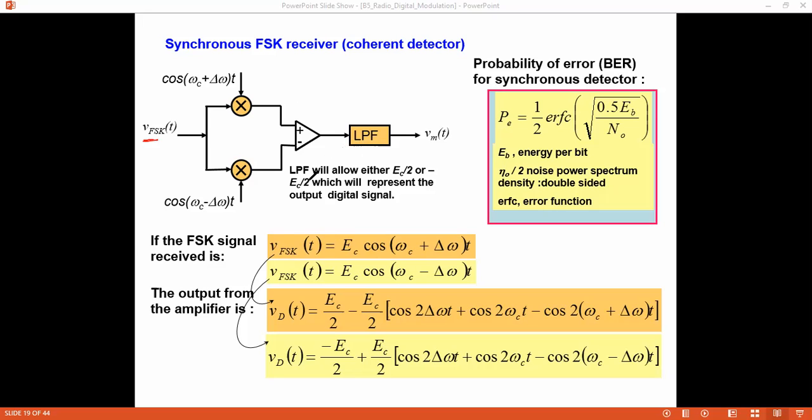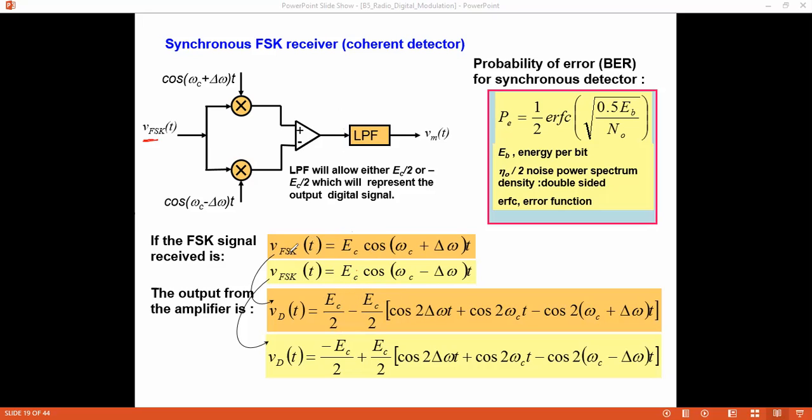Our VFSK can be in two forms. If it's bit 1, what we receive is EC cos (omega C plus delta omega) T. If it's bit 0, it's EC times cos (omega C minus delta omega) T. From the summer amplifier, we will receive the DC voltage.